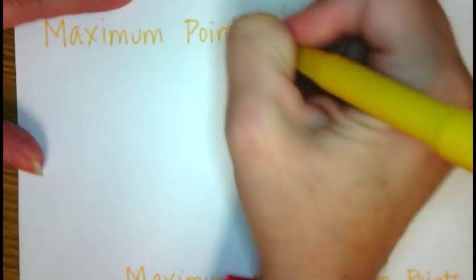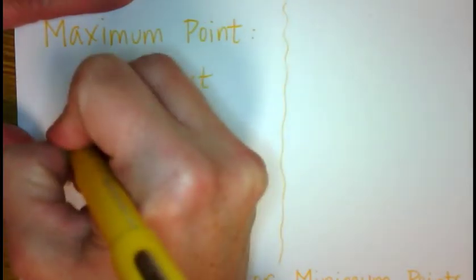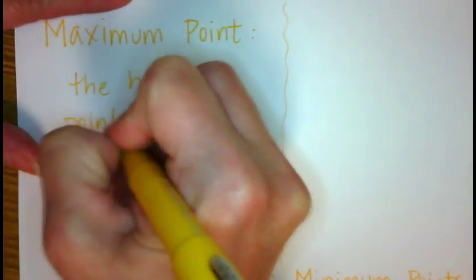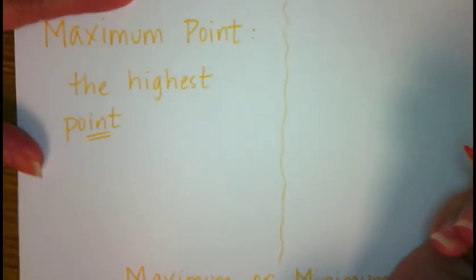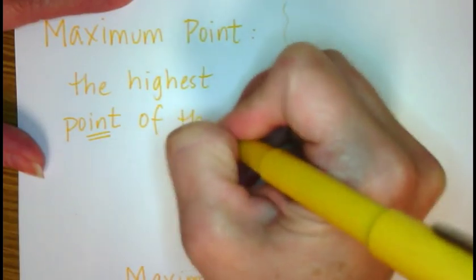So maximum point, the highest point of the function. And again, it's a point, which means an ordered pair. So the highest point of the function.